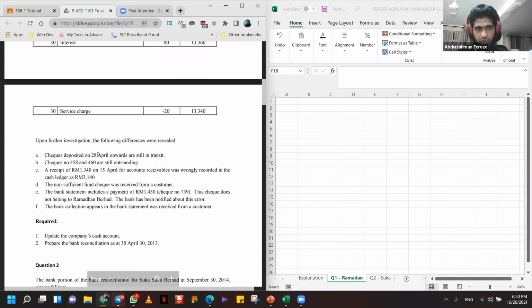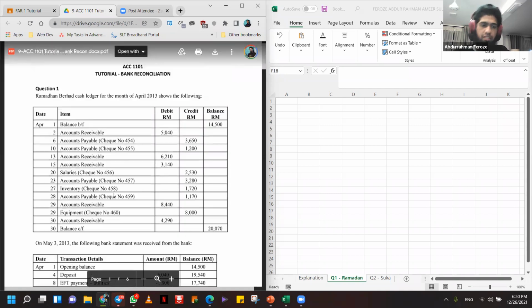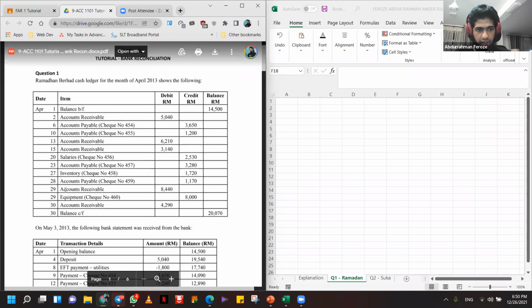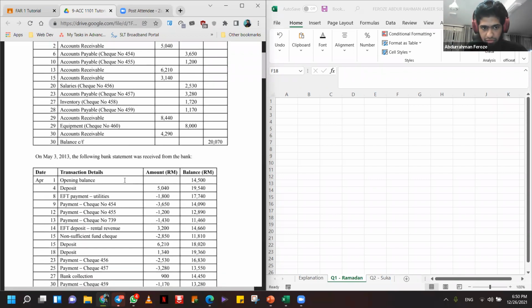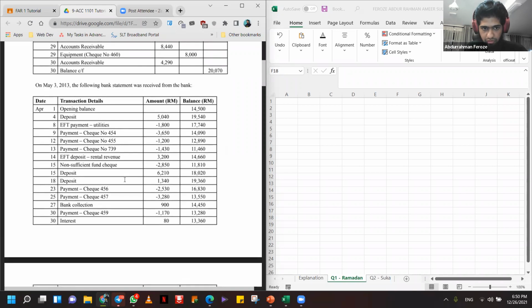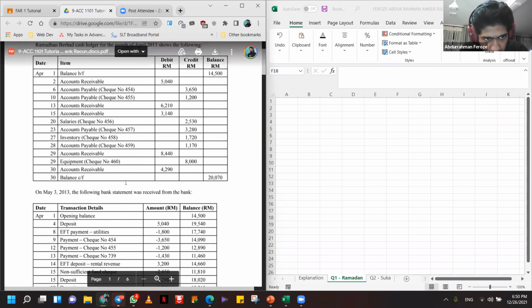So deposit in transit, like I said, is from 28 April onwards, which is 459 and 460. So what they're saying is the check 459, which is an account payable, the company has recorded it.